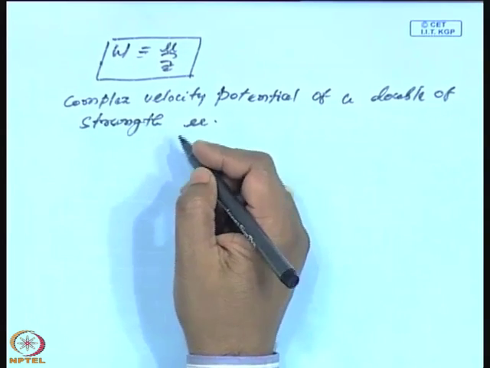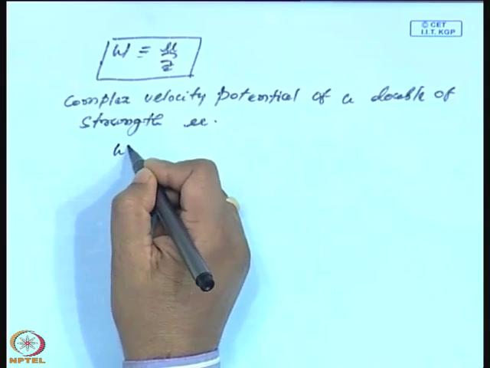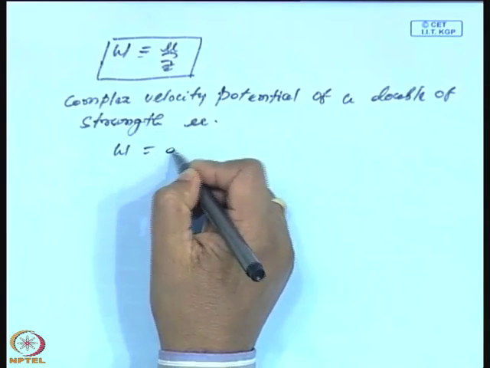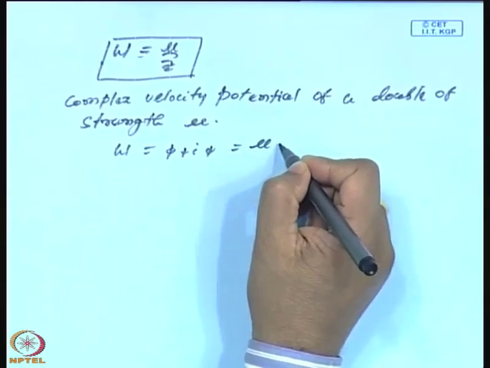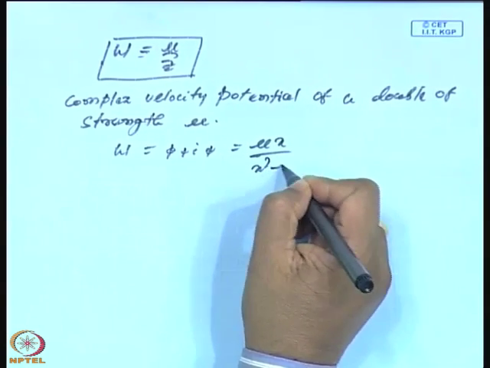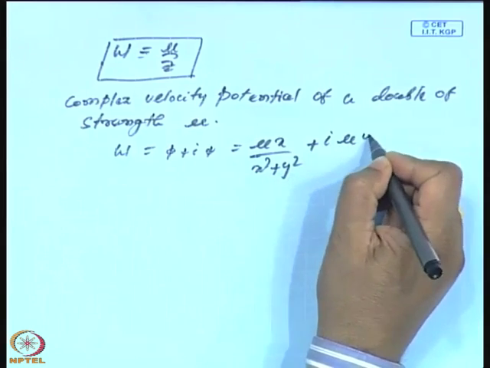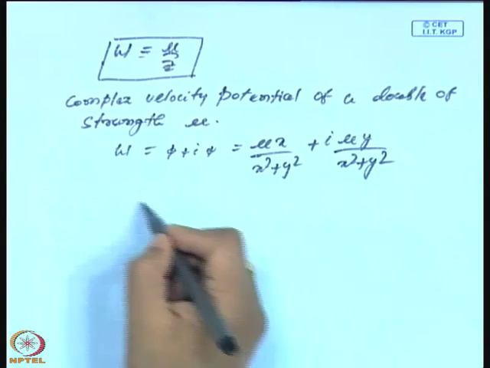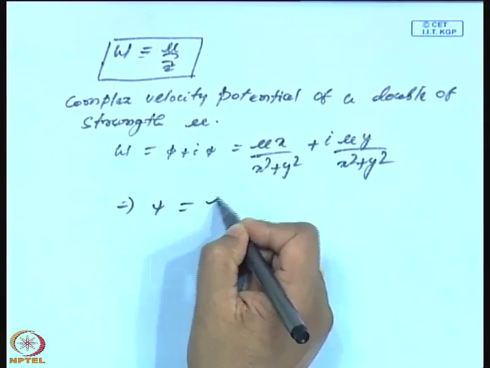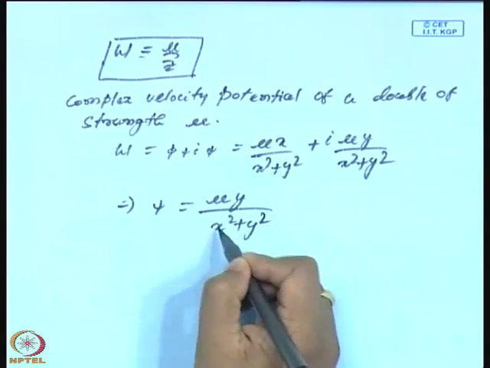And now if I calculate what are the streamlines, W can be written as phi plus i psi, which can be written as mu x by x square plus y square plus i times mu y by x square plus y square, which gives me psi is equal to minus mu y by x square plus y square.